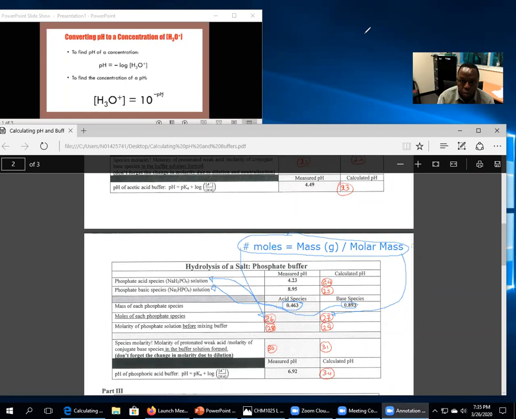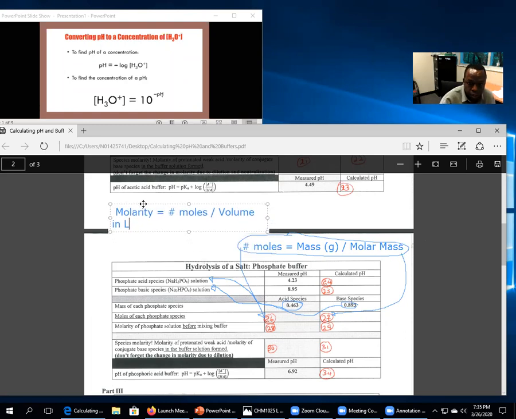You need to find the number of moles, all right? Molarity is given by the number of moles over volume in liters.